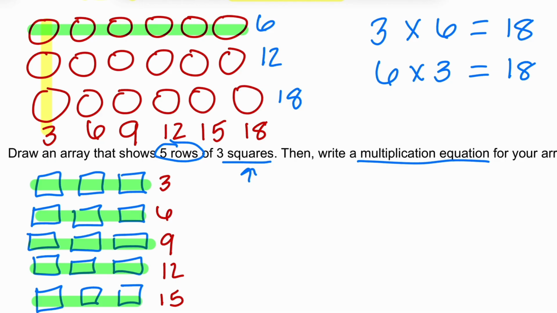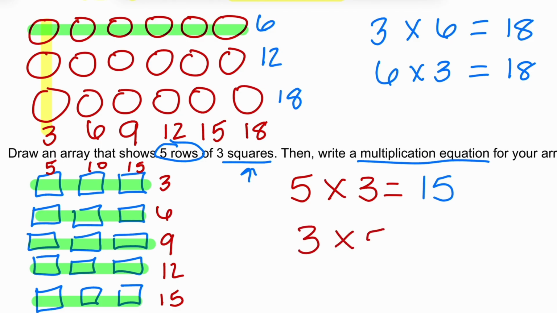Okay? So my multiplication equation will be 5 times 3 equals, what do we get? 15. We can also skip count by 5s as well, and I'm going to do that here at the top. 5, 10, 15.